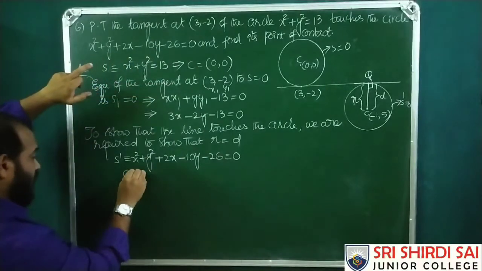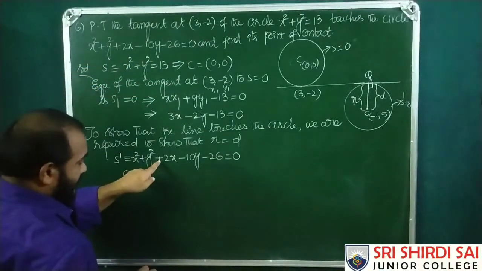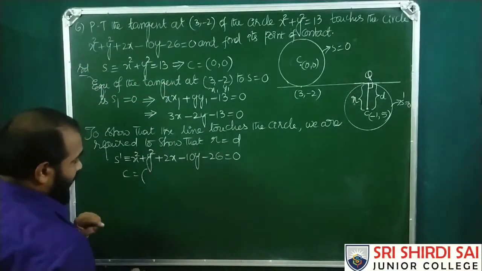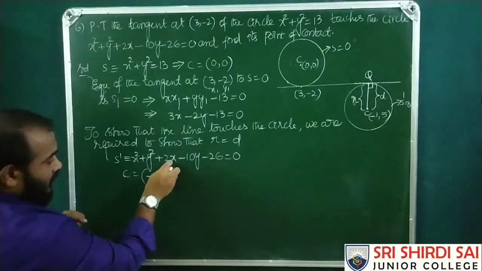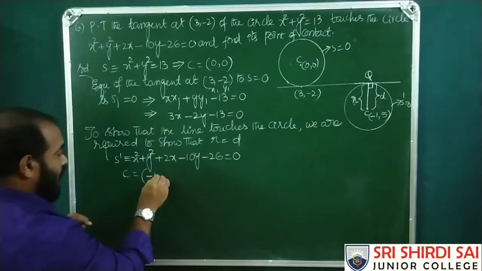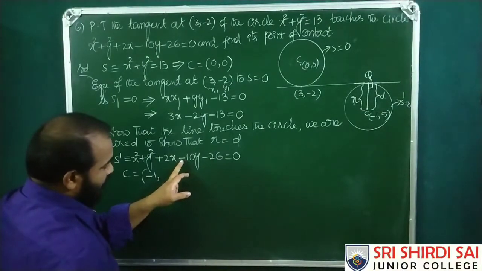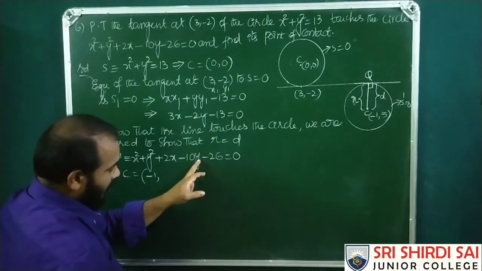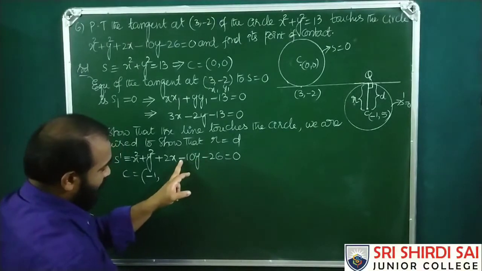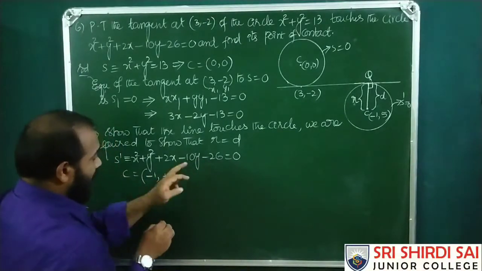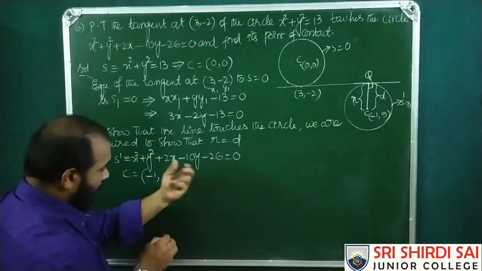The center of this: plus is there, you take the opposite sign, minus, x coefficient half, so minus 1 comma, take the opposite sign of the y coefficient. Here minus is there, you take a plus, and y coefficient 10, half of that, so 5.